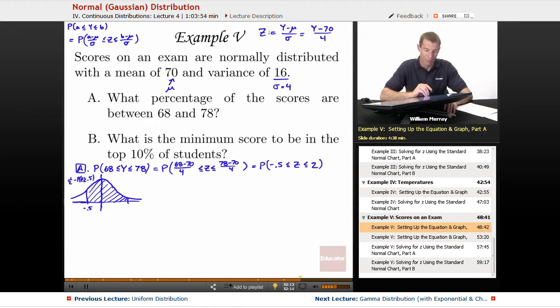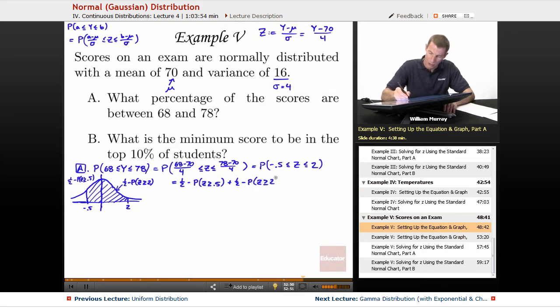I'm subtracting off a positive tail because it's symmetric. So the positive and negative tails have the same area. So this is 1/2 minus the probability that z is bigger than or equal to 0.5. And this right-hand area is, again, 1/2 minus the tail. The tail starts at, no, it starts at 2, not 2.5. So plus 1/2 minus the probability that z is bigger than or equal to 2.